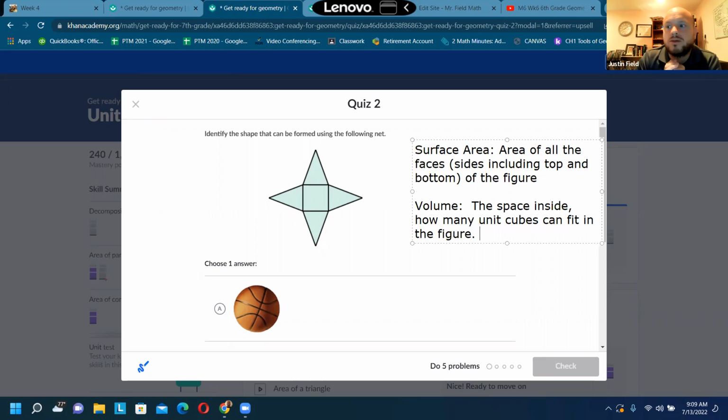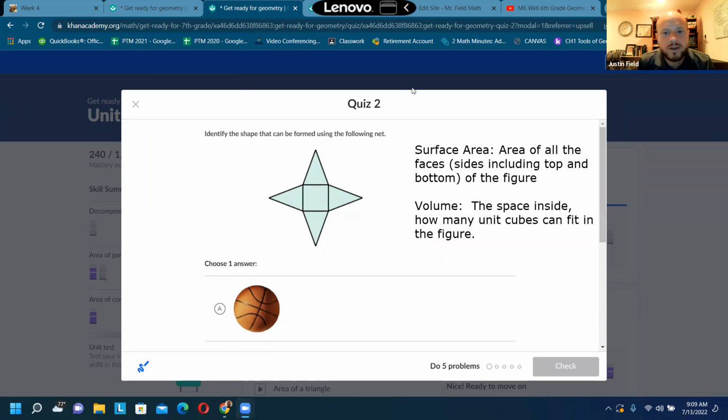And like that ball right there, of course, if we just put the blocks in there, there would be some leftover space. So we're thinking about if we even cut the block and we got all the space filled up by blocks, or at least pieces of the block.